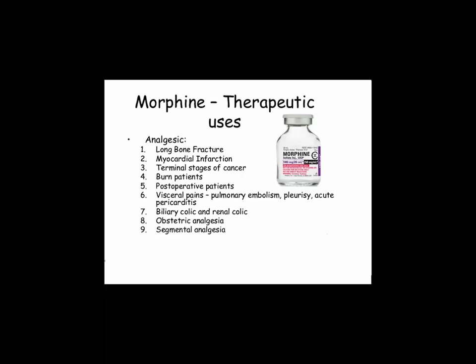When do we use morphine? Of course, the main indication would be severe pain, such as long bone fracture, myocardial infarction, terminal stages of cancer, when we cannot cure the patient, but at least we have to relieve the suffering of the patient.